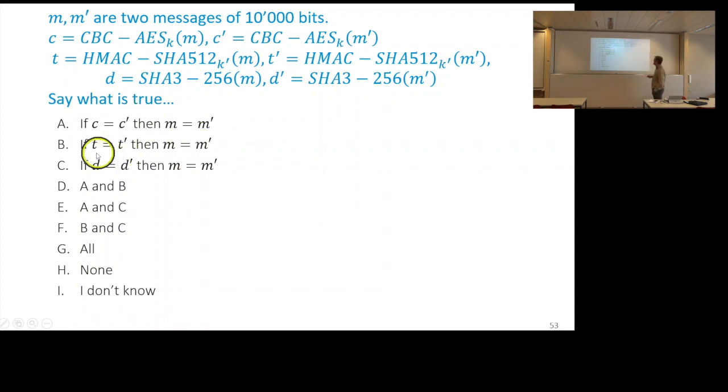Now B, there is a subtle thing. They have the same key also. So this is a tag, used for verification, for authentication. If two tags are the same, does it mean that the messages are the same? The answer is no. Although it's very hard to create a collision, the tag is smaller than the entire message.